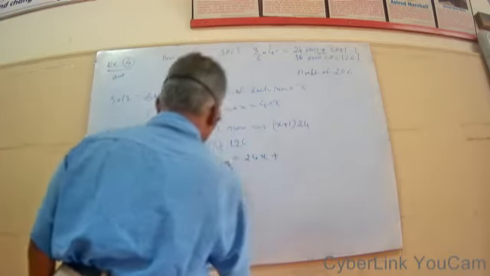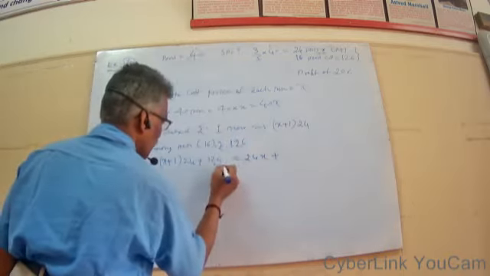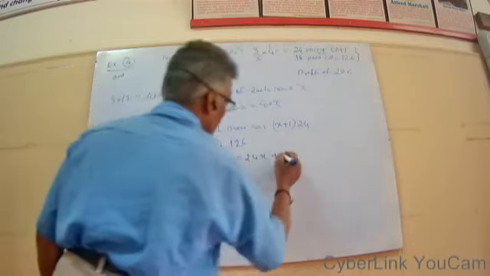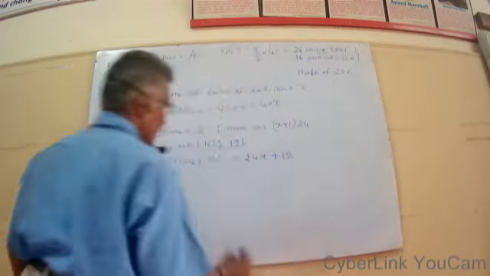So this equal to, I can add here 24, this becomes 150. So this is 150. I will write 150. This is the selling price.